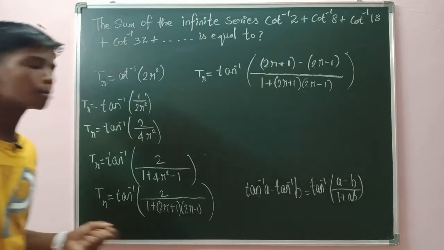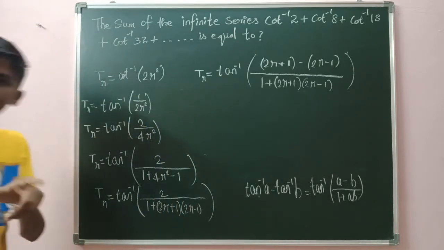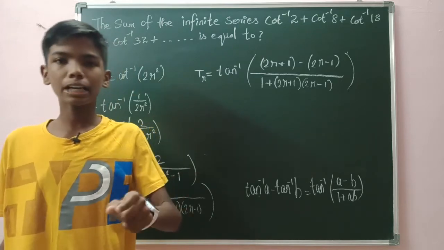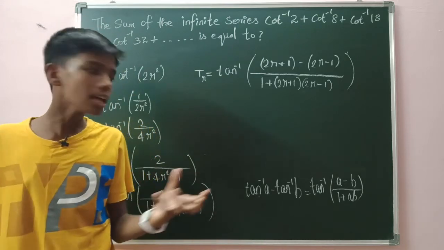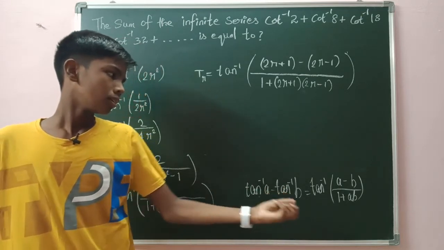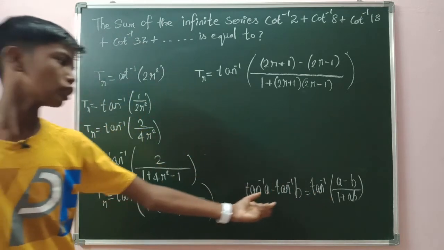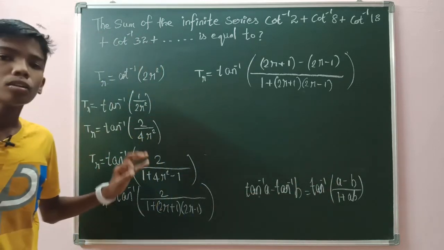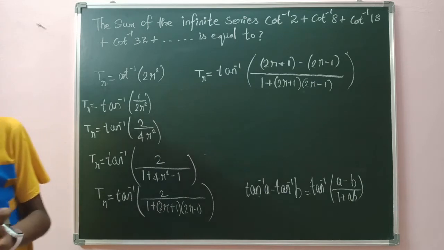How do you remember this? This is in trigonometry itself you learn now. Tan of A plus B is tan A plus tan B over 1 minus tan A tan B. Same like here, tan inverse A minus tan inverse B is what you will get. Tan of A minus B is tan A minus tan B over 1 plus tan A tan B.